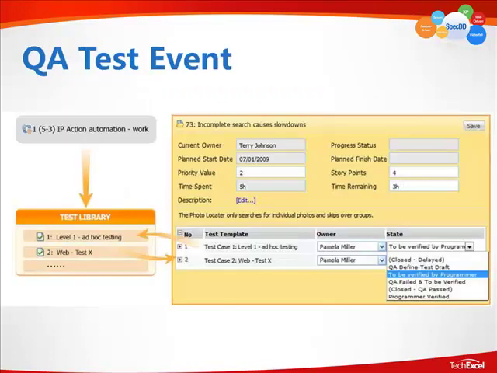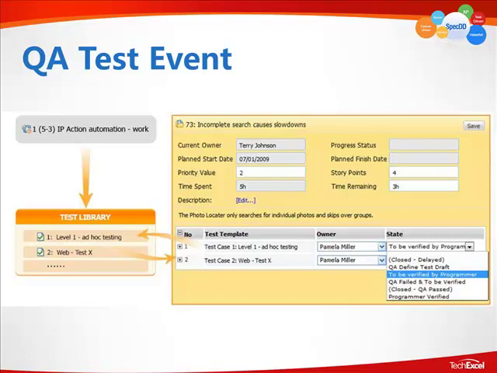So here's a screenshot of a QA test event as depicted within our DevSuite tool. We have our story 5-3. That's how I know it's a story. The spec was 5. This is the 3rd copy of it.